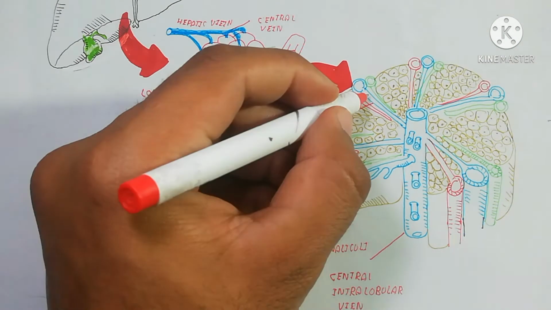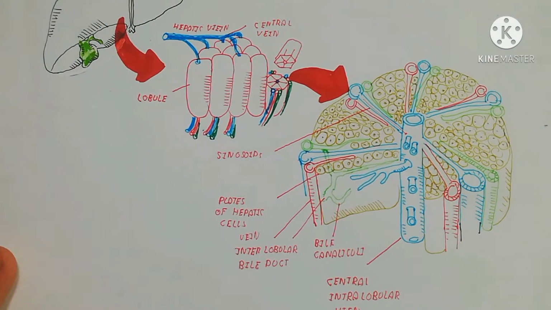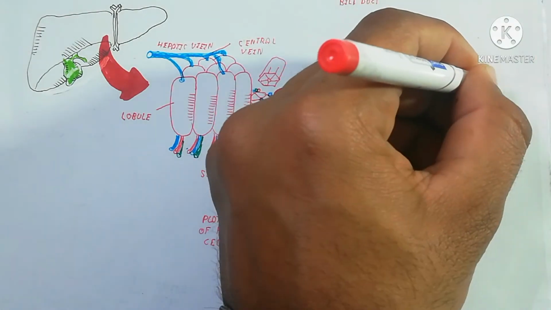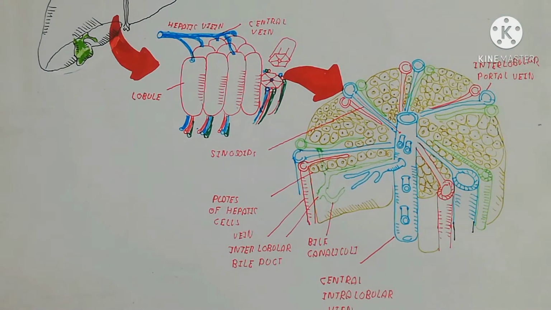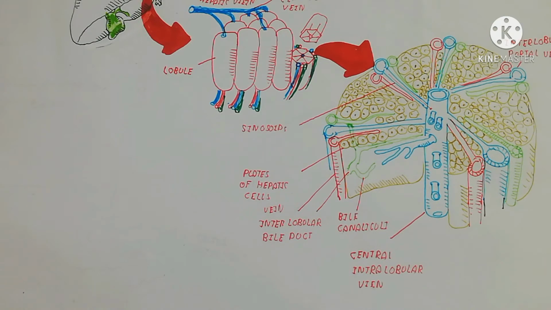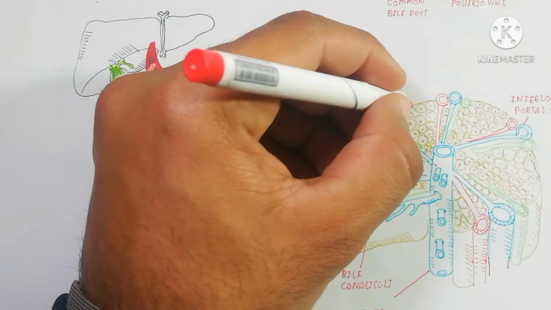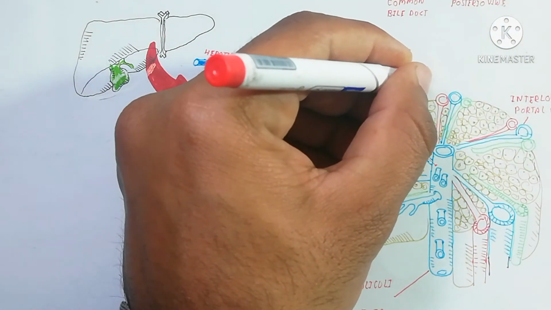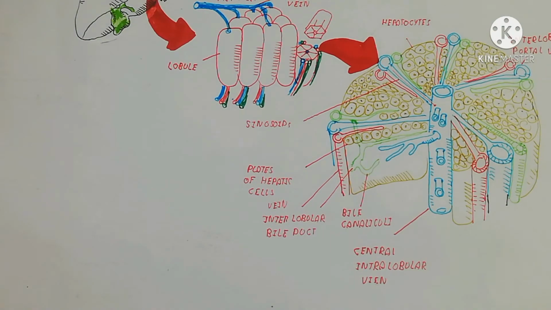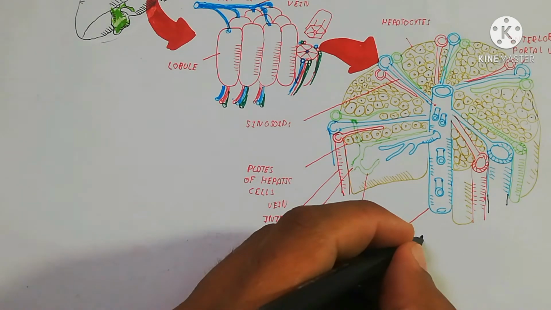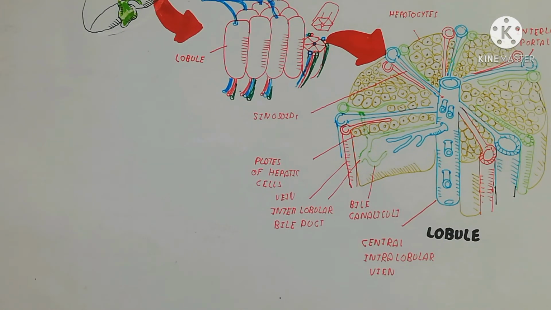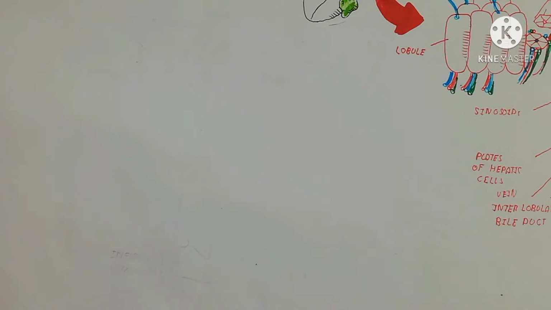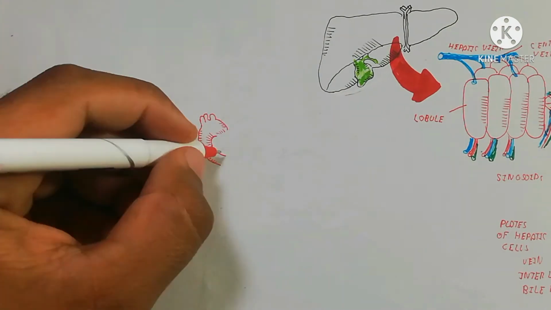Here are the sinusoids, where the portal vein comes from the mesenteric vein, which comes from the digestive system, pancreas, small intestine, and large intestine. The portal vein is surrounded by the central intralobular vein, and all of that is covered by cells.